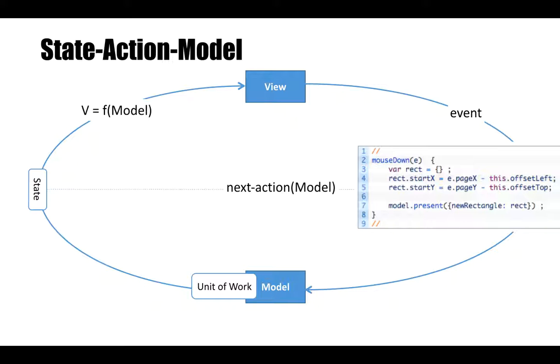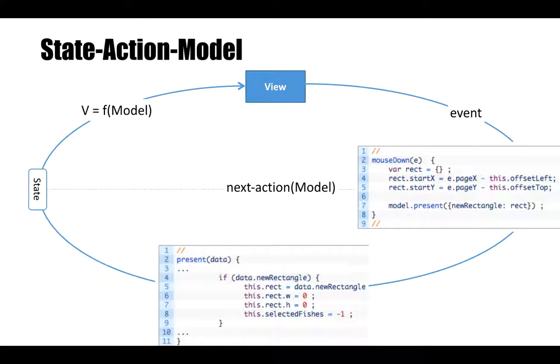It creates a proposal. So here, if we try to draw a rectangle, we will use the mouse down event, and we'll create a proposal that we want to create a new rectangle, because that's what we know we want to do. And the unit of work then will initiate the model and initialize a number of things within the model, and those things are completely unknown to the action.